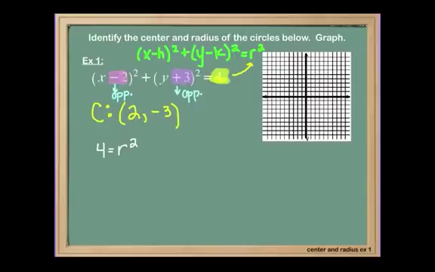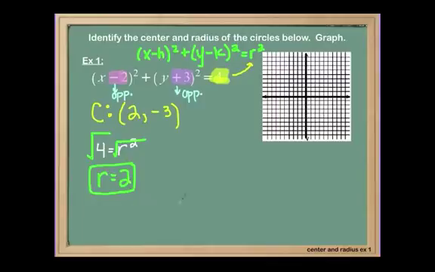So in order to find that, we have to start by getting r by itself. What you guys should recall is that in order to get r by itself, we need to take the square root of both sides. In this case, we know that our radius is going to be equal to 2 because the square root of 4 is 2.